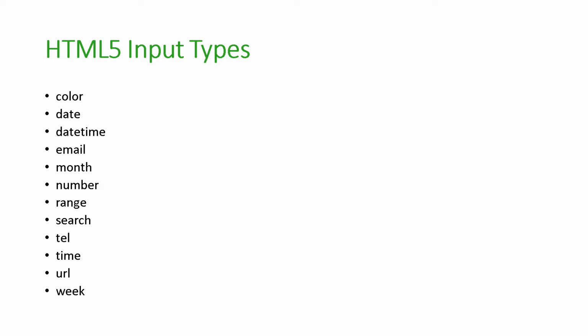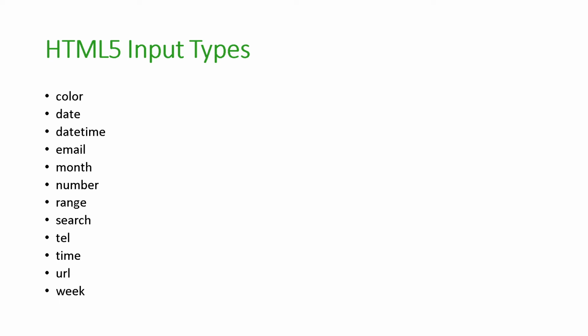So we have these input types of color, datetime, email, month, number, range, search, tel, time, week, and URL. And so all of these input types, you put those in the type attribute for your input, and it looks otherwise just like your text field attribute.